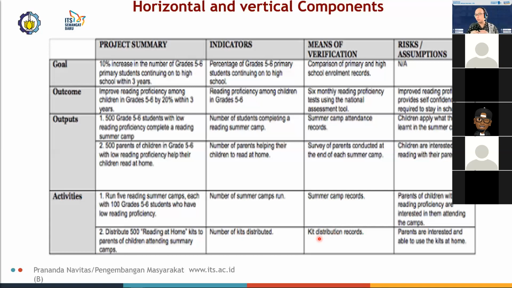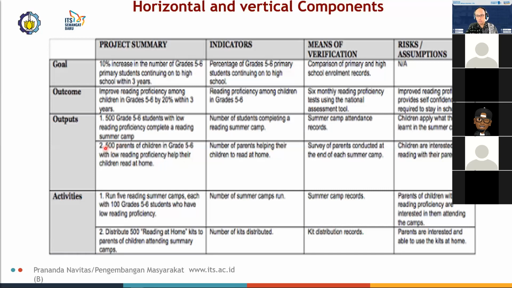Well done. That's good performance distribution-wise. But then you want those 500 kits to help parents teach their kids to read at home.